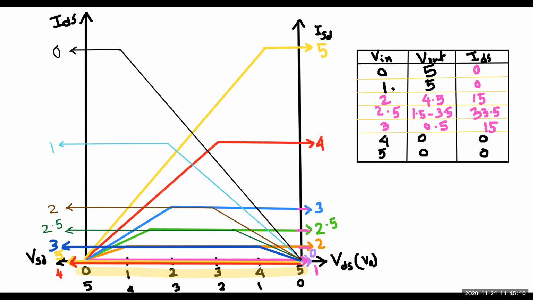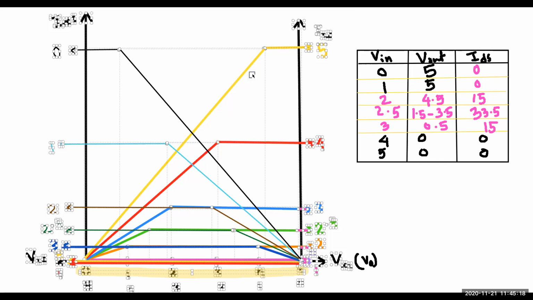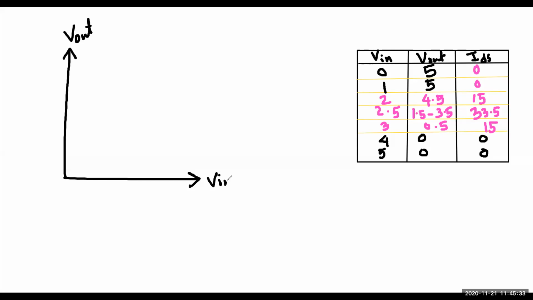Now, we have to draw another curve. I'm going to erase this part. We do not need it anymore. Now I'm going to draw the curve, pretty simple. This is my V out. This is my V in.